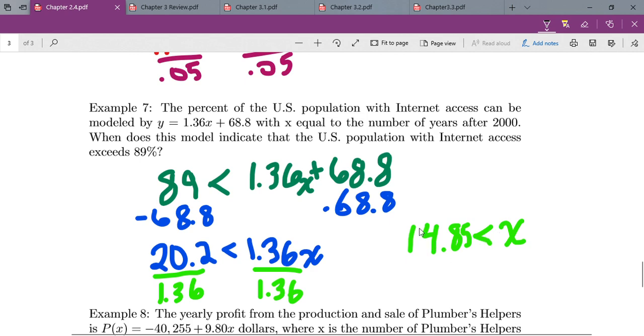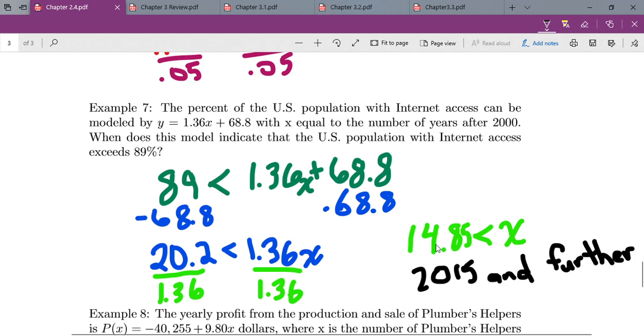So from 2015 and further, it should have internet access of more than 89%. So that's how you would answer that.